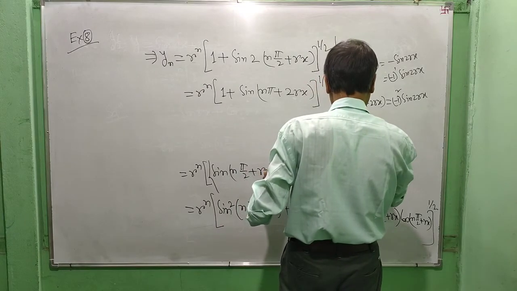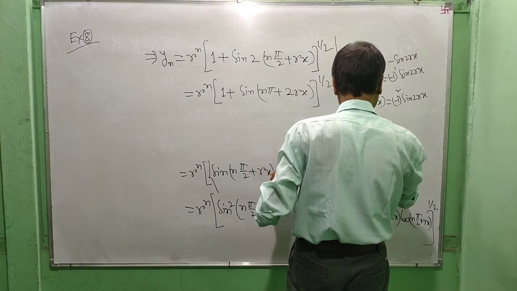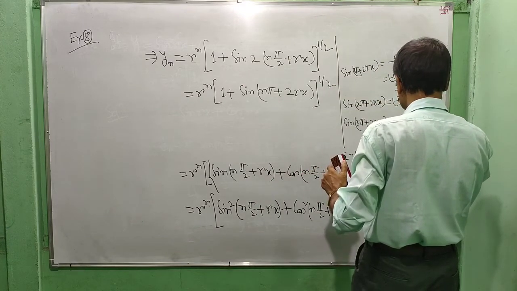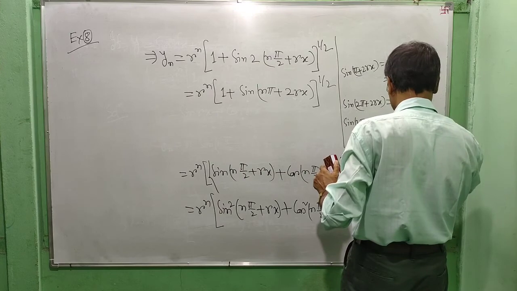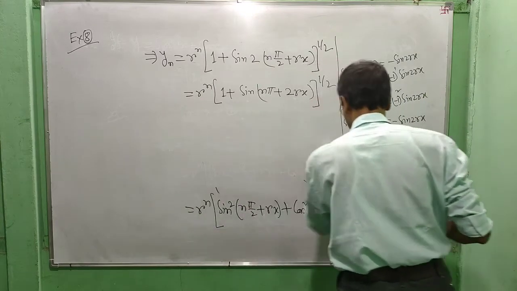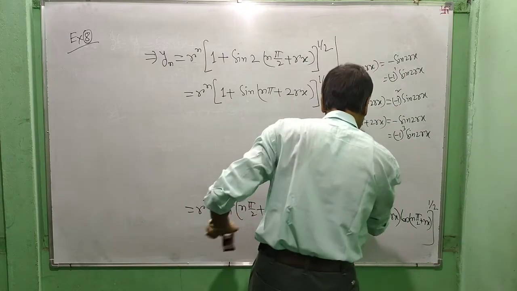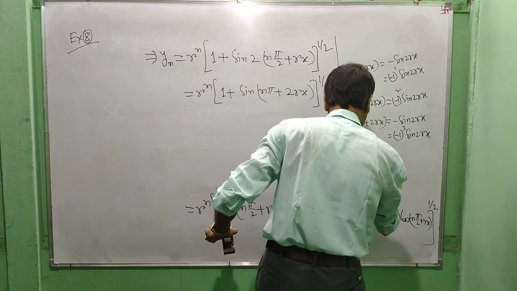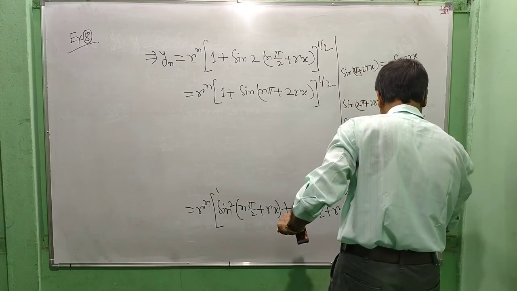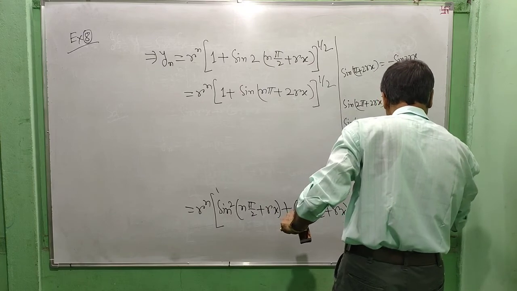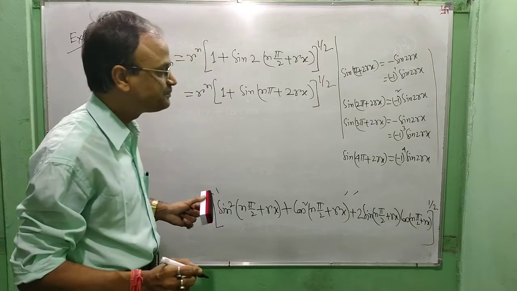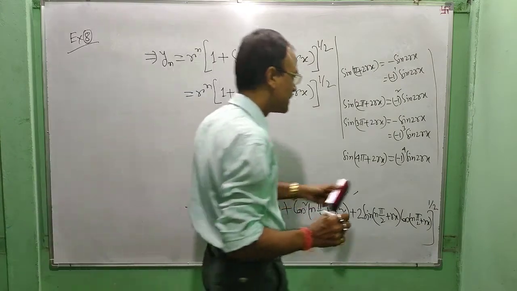If it is 3, sin(3 pi plus 2Rx), again it will be minus sin 2Rx. This is equal to (minus 1) cube sin 2Rx. Suppose it is 4, sin(4 pi plus 2Rx), this is equal to plus sin 2Rx.